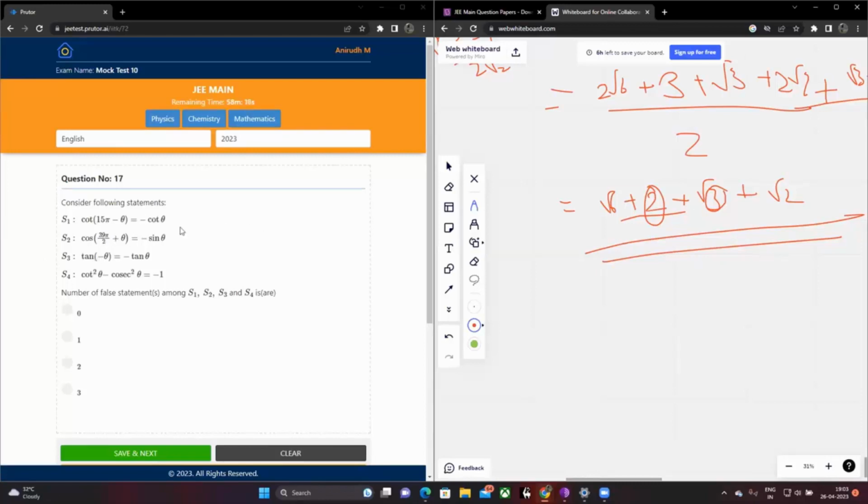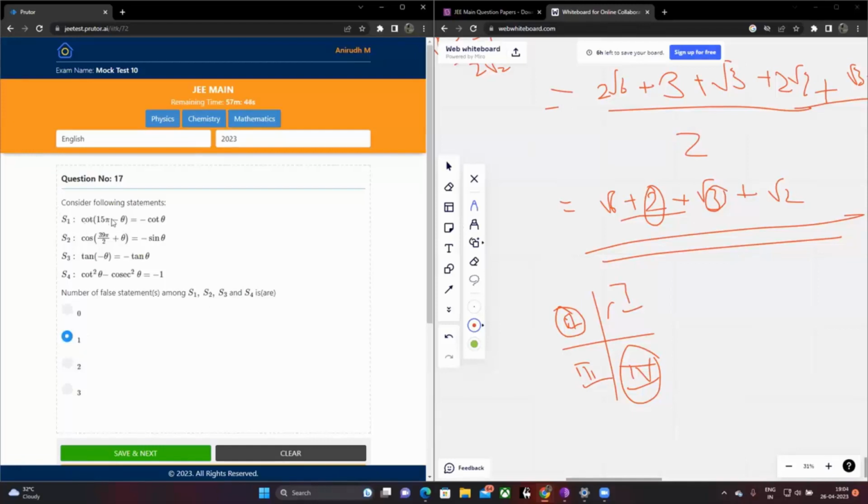So it's all silver teacups, the fourth quadrant, this is 1, this is 2, this is 3, this is 4, right? In this fourth quadrant, you have cos being positive, right? So cos of 3 pi by 2 plus theta is plus sin theta. So S2 is false, right?